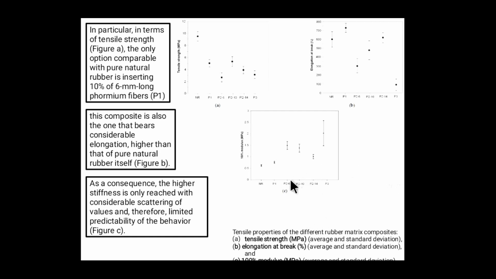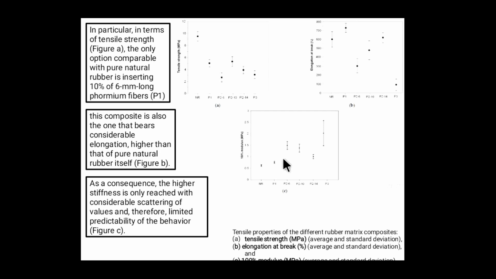If you are looking at the other side, using longer fiber, here using longer means the longer fiber, and less fiber, less length of fiber means 6 mm, the longer fiber means 10 mm or 14 mm. Thus gradually increases the modulus with respect to the same amount, 20% of 6 mm long fiber, as can be seen by comparing the performance of P2.